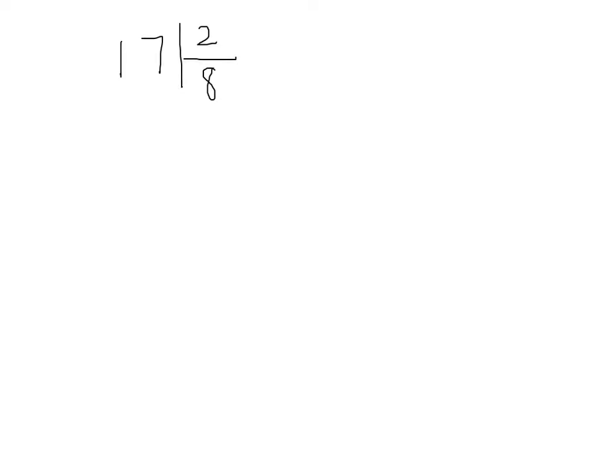Do not say 17 divided by 2 gives you 8.5. 17 divided by 2 gives you 8. The remainder becomes 1. How do you find the remainder? You say 2 times 8 is going to give you 16. 17 subtract 16 becomes 1.